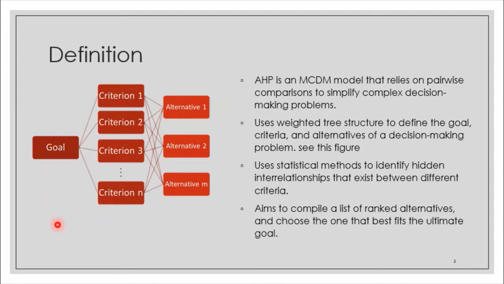So in this study we try to use some statistical and mathematical methods to combine all those weighted criteria and find some sort of hidden interrelationships that exist between them. Now, the aim behind this model is to finally compile a list of ranked alternatives and choose the one that best fits our ultimate goal.